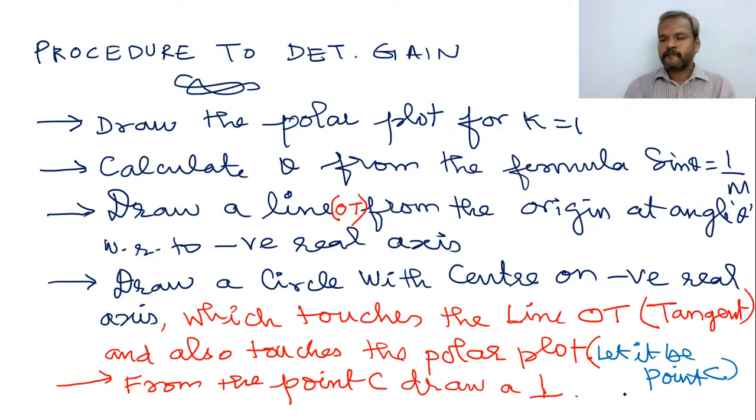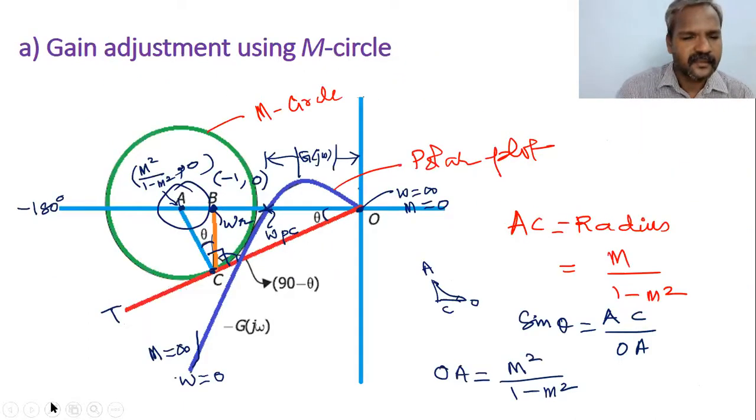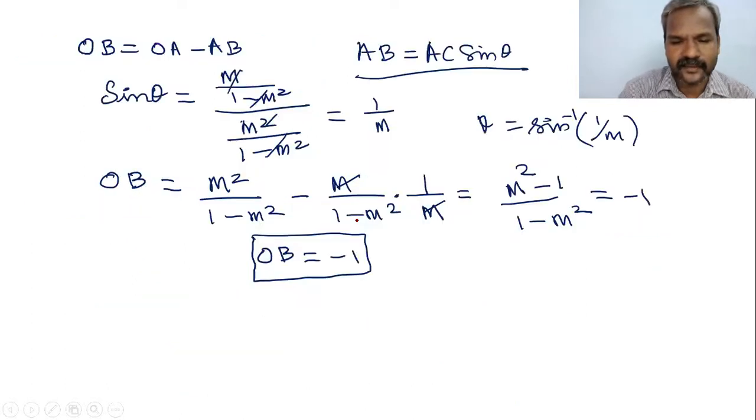See, first we draw a tangent at an angle of theta, which touches the point C and also touches the polar plot. So from C, we have to draw a line CB perpendicular to the negative real axis.